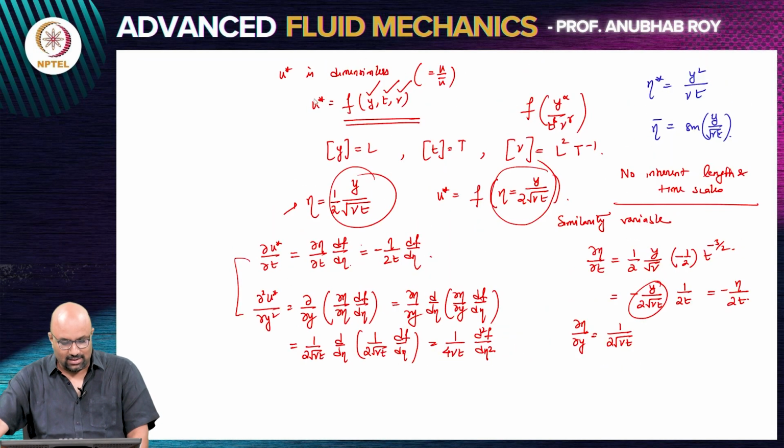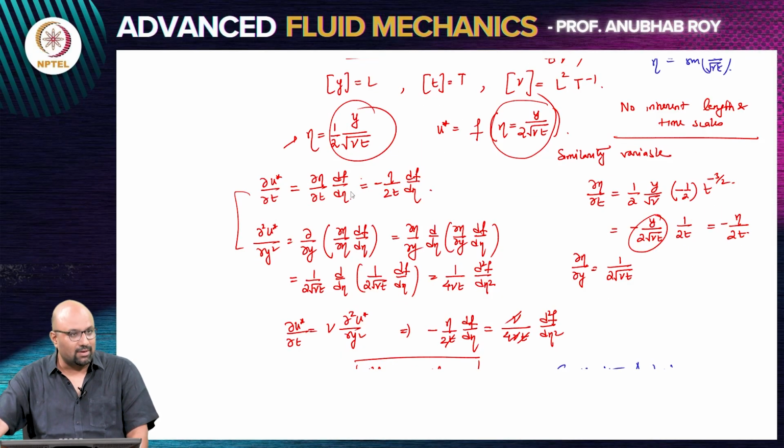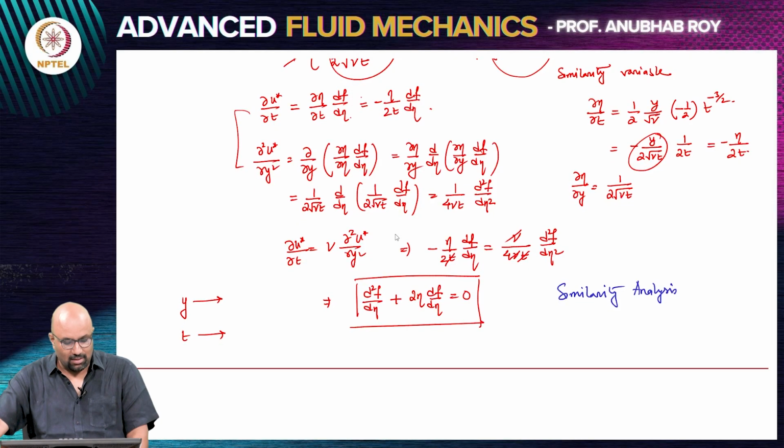Since the left hand side is dimensionless, the right hand side should also be dimensionless, and based on dimensional considerations we find that it has an argument that goes as y by square root nu t. For simplifying algebra, we have this factor of half. The important aspect is that there is this new variable, depending on both space and time. That's the similarity variable, which reduces my PDE to an ODE.